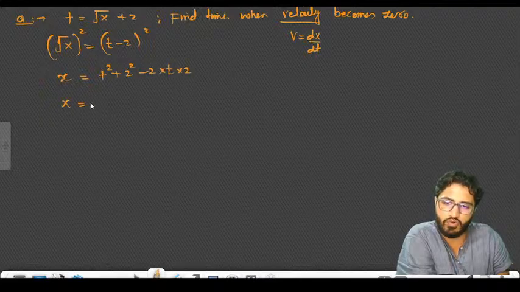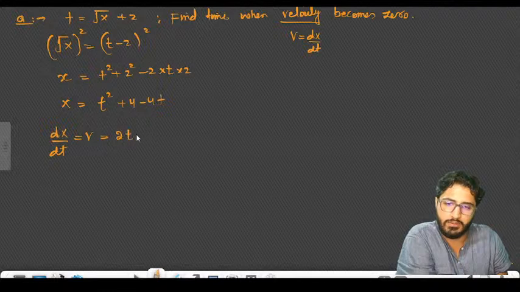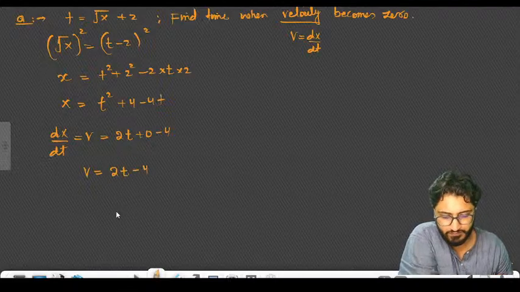So x came out to be t square plus 4 minus 4t. Now I can apply dx by dt, this is my velocity: 2t plus 0 minus 4. So my velocity came out to be 2t minus 4.